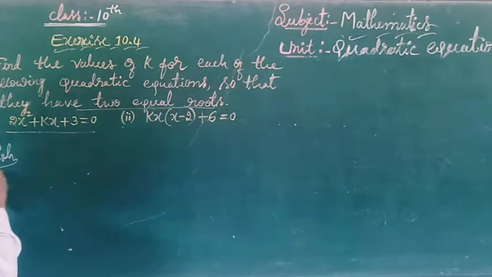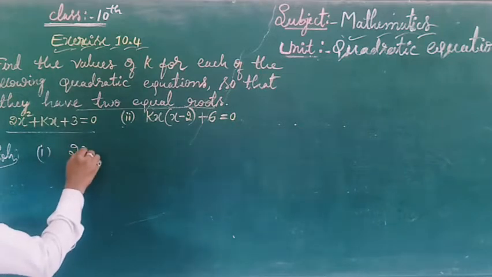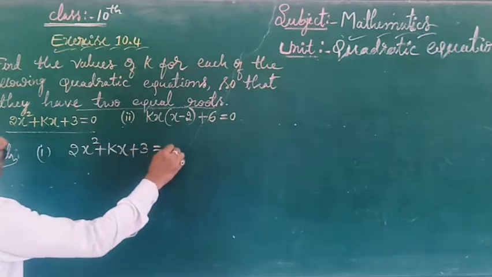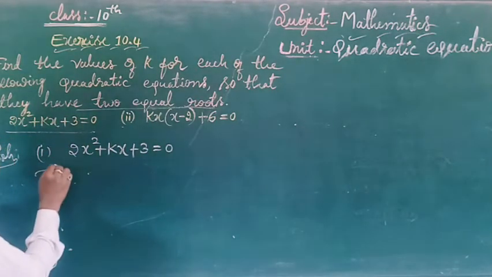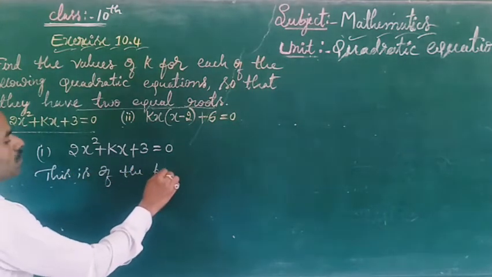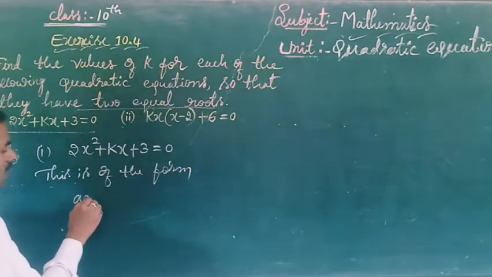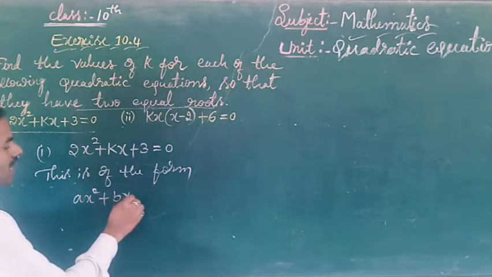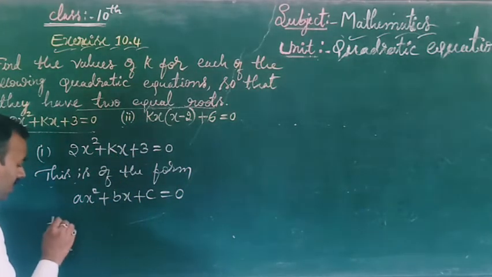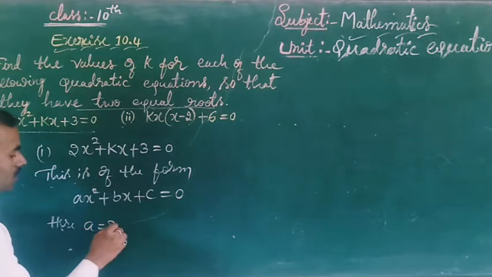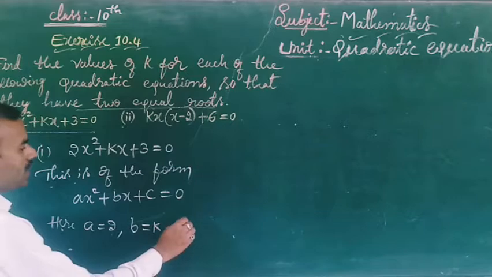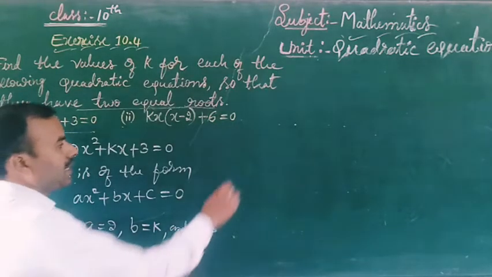Solution. Consider the first one, 2x squared plus kx plus 3 equals 0. This is of the form ax squared plus bx plus c equals 0. Here a equals 2, b equals k and c equals 3.